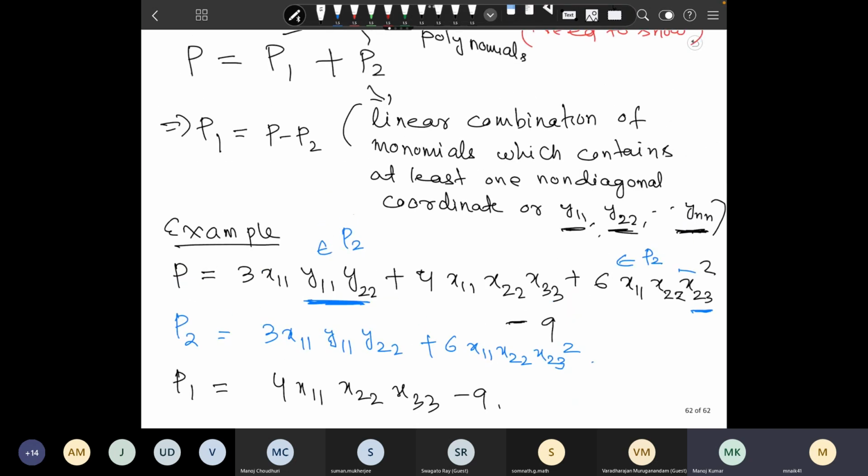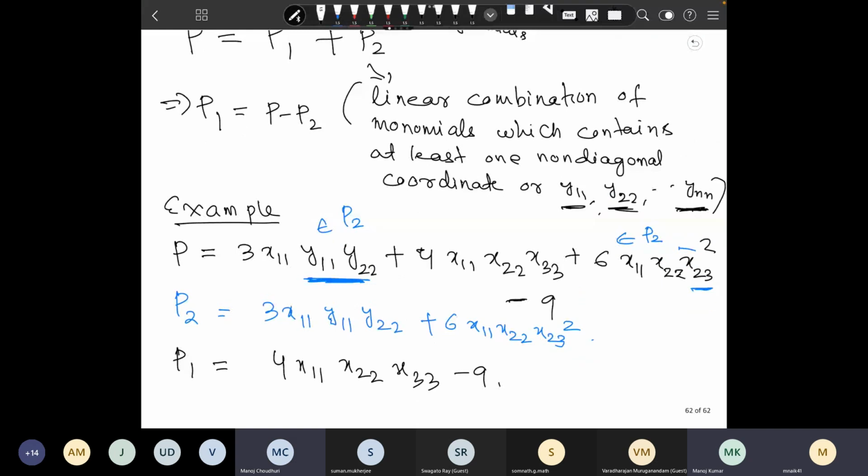I hope this example is clear. And these coefficients can be complex numbers also, right? Yeah, complex numbers, you can put i also. So this is my example.